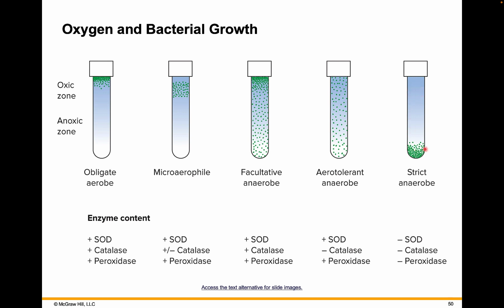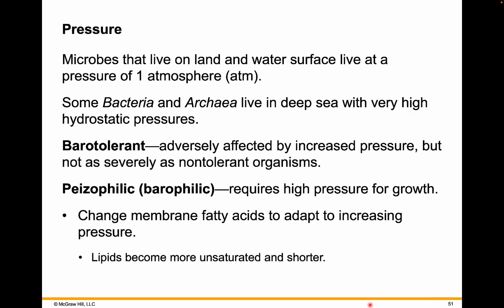So if superoxide radicals are formed in these cells, there is no way the cells can survive, and the superoxide radicals will essentially kill the cells. This can be shown in the laboratory in the thioglycolate broth experiment.